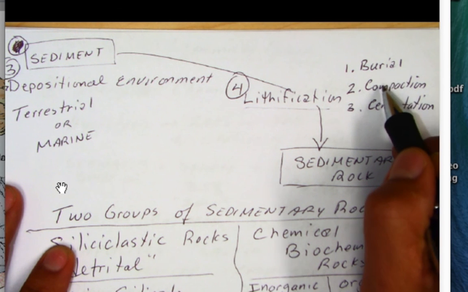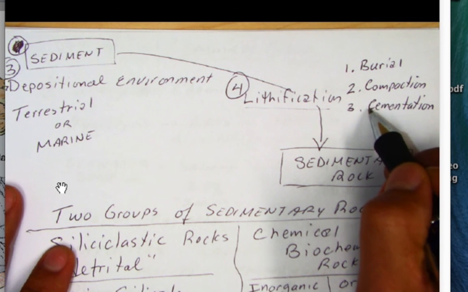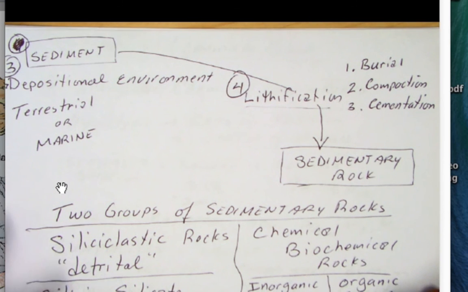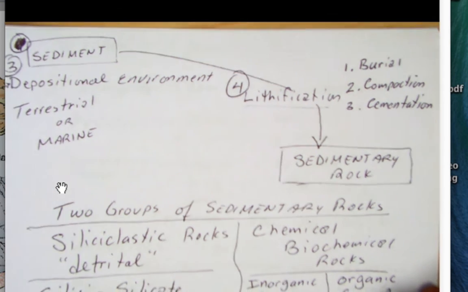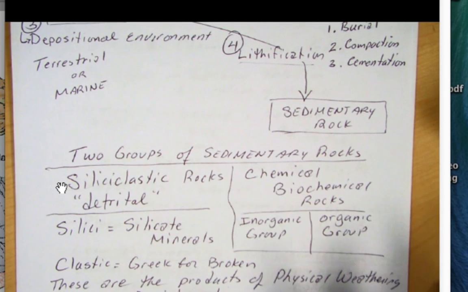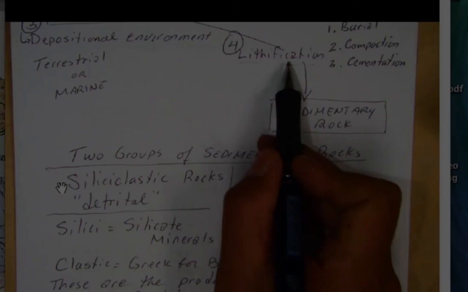That burial leads to compaction of the sedimentary grains and causes them to shift closer together. And then in the end, because we have all those ions in solution that were dissolved from chemical weathering, those are minerals. They'll precipitate in those little pore spaces and glue the sediments together to make a sedimentary rock. So before you can have a sedimentary rock, you need to undergo those 3 steps: burial, compaction, cementation. That's the process of lithification. Remember, lith is a Greek word for stone, so the stone making process.